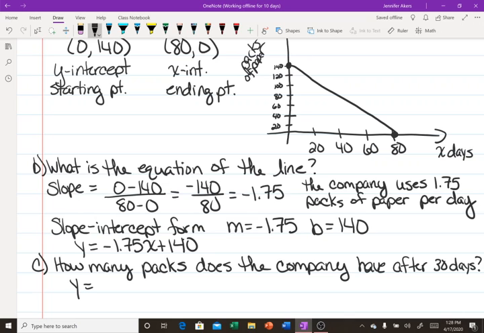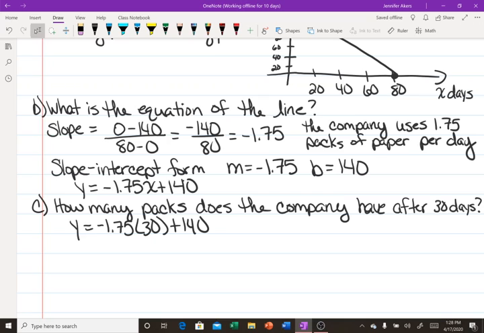So y is what we're looking for. X is 30. So we substitute 30 in for x.